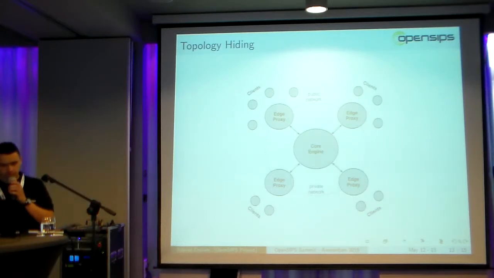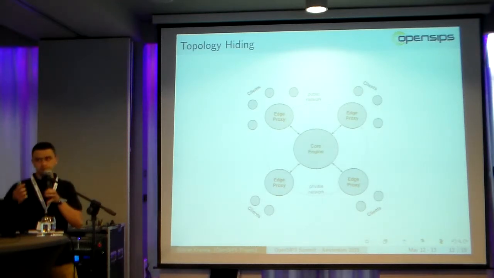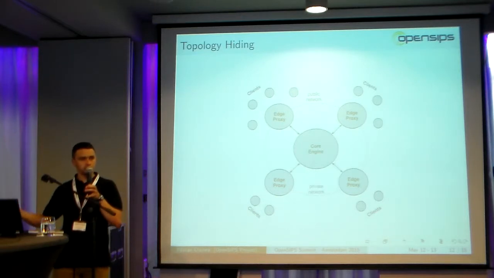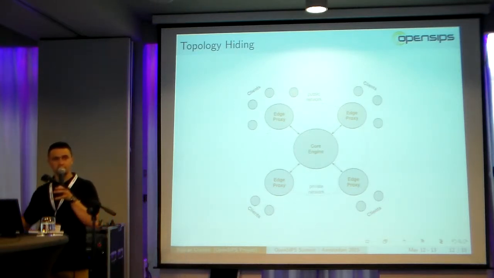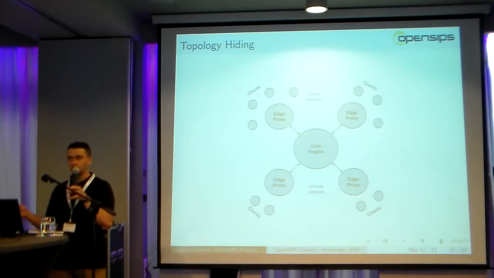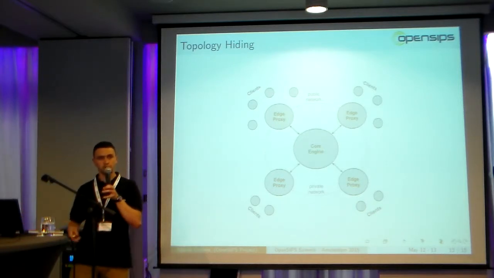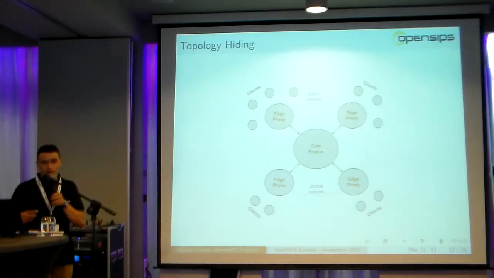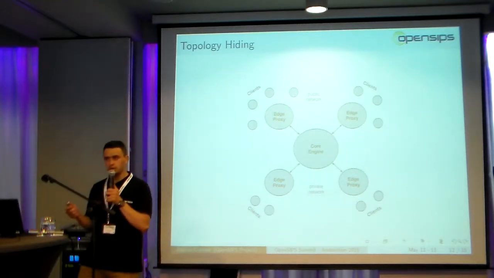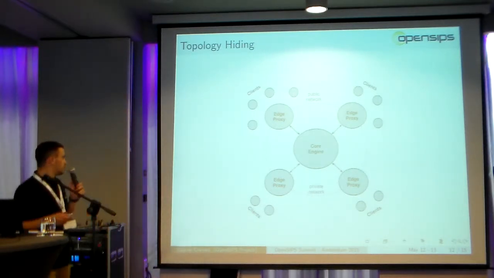And that's why you usually use topology hiding. How many of you know what topology hiding is used for and use it? So, okay, a couple of you. Let me tell you where topology hiding is useful.